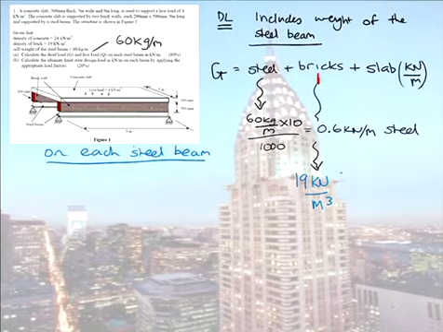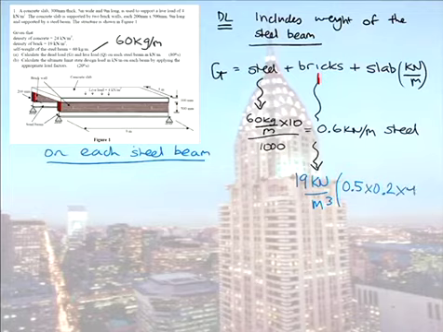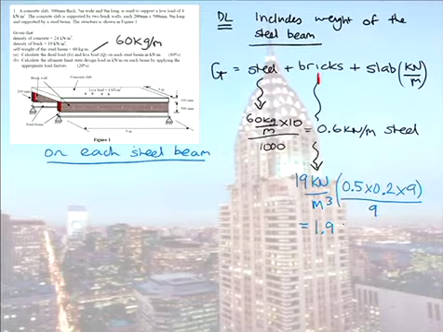So the volume of our brickwork is 0.5 times 0.2 times 9 metres long. And that now, when I multiply out, will give me a load in kilonewtons. And I want it in kilonewtons per metre, so I'm just going to divide by 9 there. And that will give me a load of 1.9 kilonewton per metre.